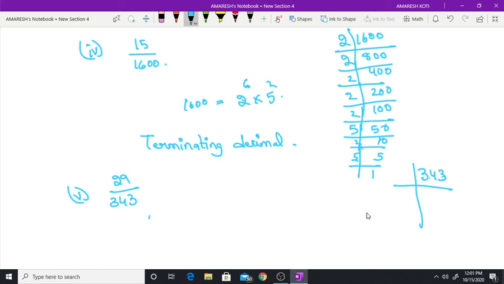So it is also a non-terminating repeating decimal. Very simple. Still 3 and 4 sums are there. I'll explain them in the next video.